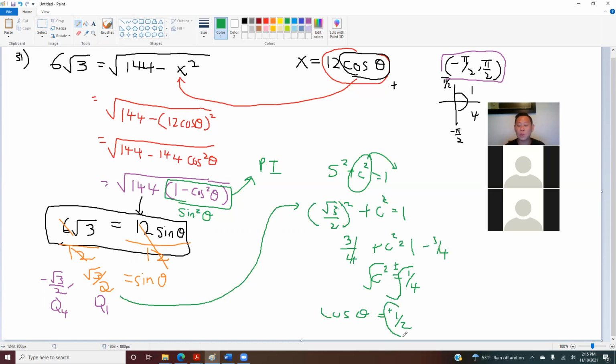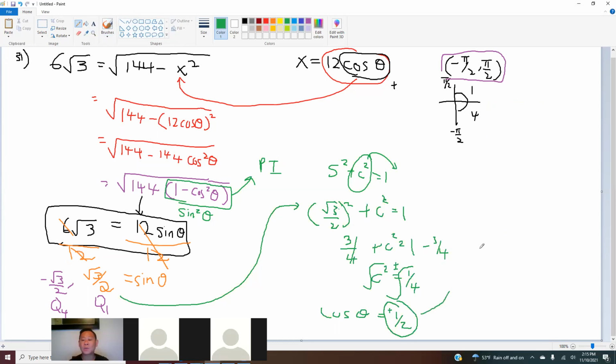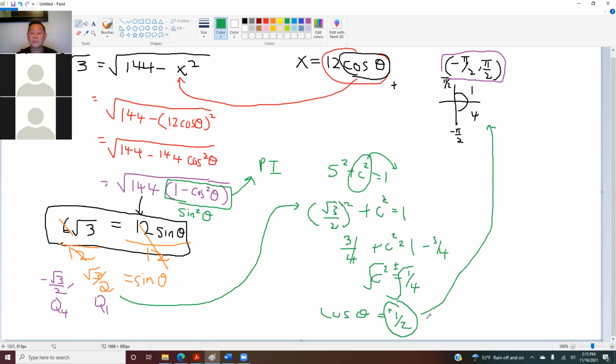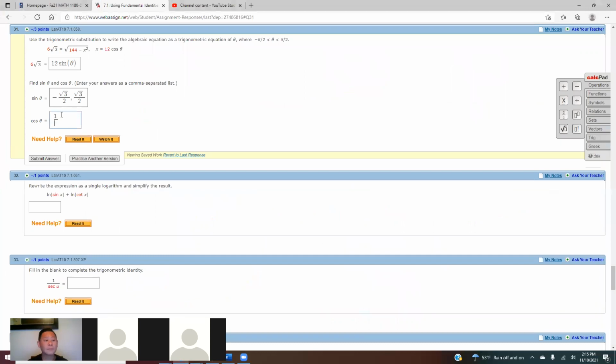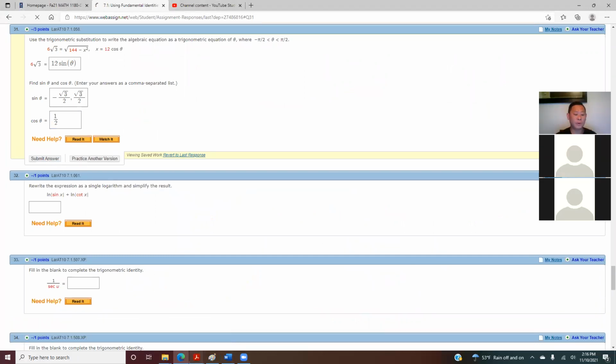The reason why you do not need to take negative is again back to this. It all depends on the domain restriction we have here. Since in quadrant 1 and quadrant 4 cosine is positive, your answer in this case is just 1/2. So this is how we do question number 31.